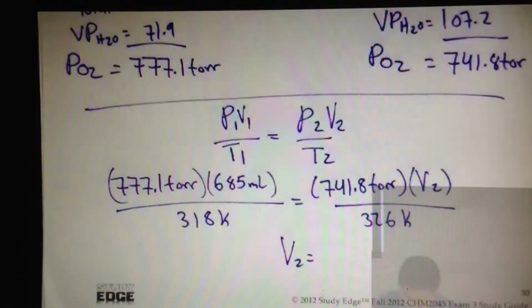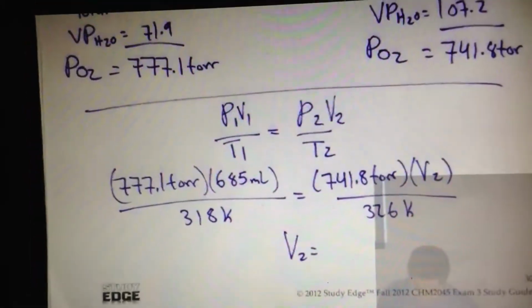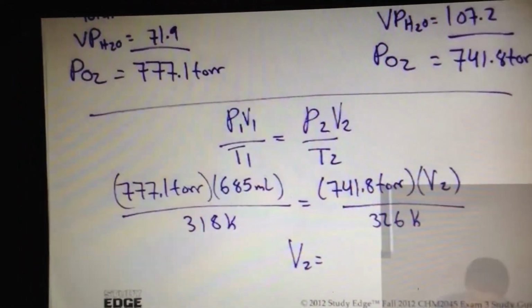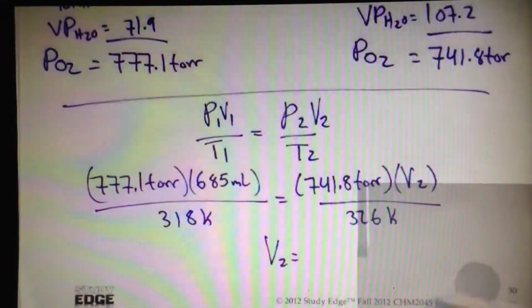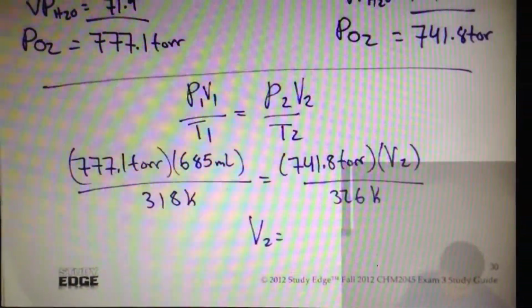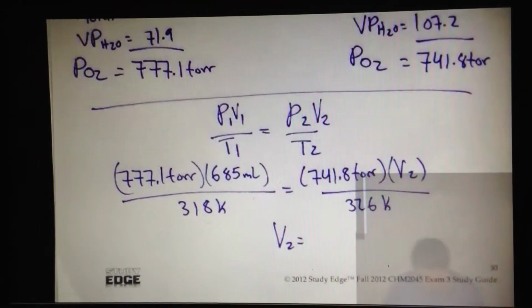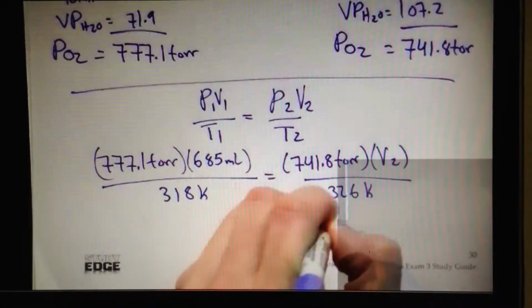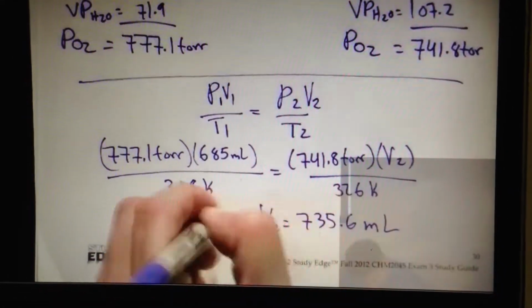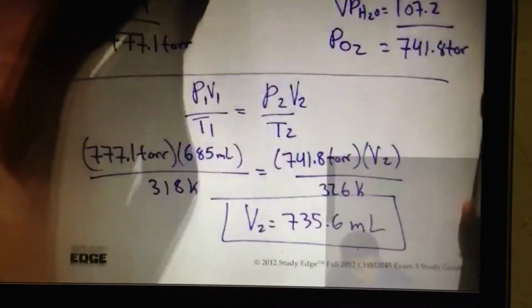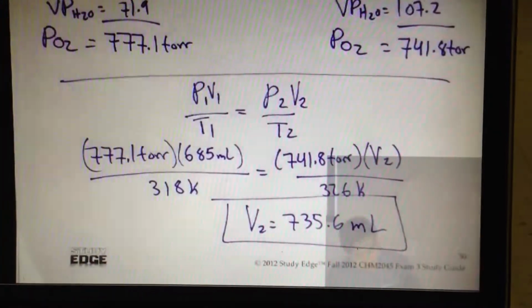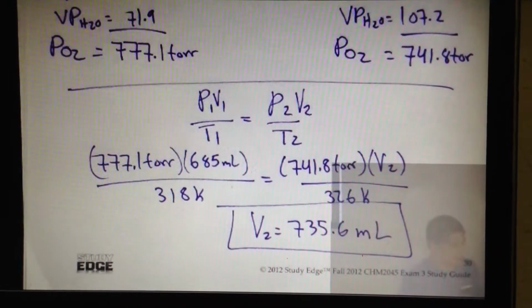So 777.1 times 685 divided by 318, then multiply by 326 and divide by 741.8. So your V2 would be 735.6 milliliters. Okay? So that's why it ends up to be C.